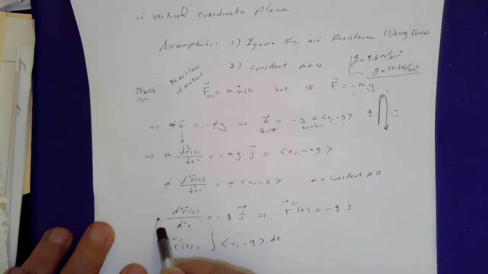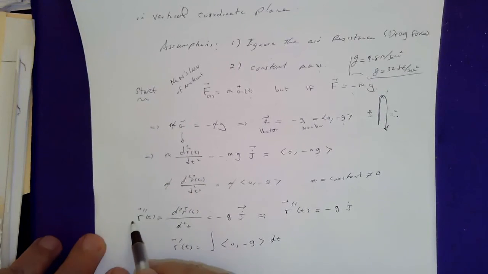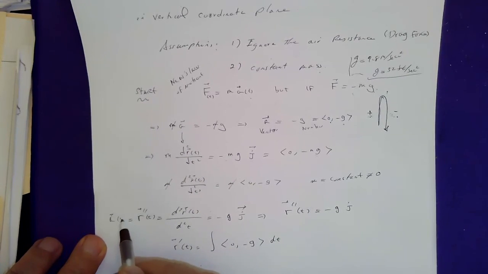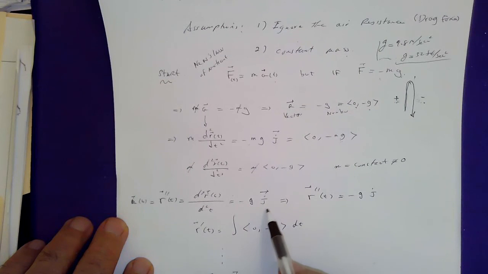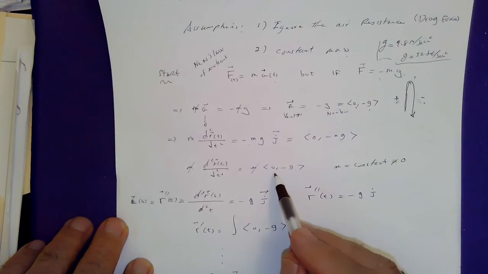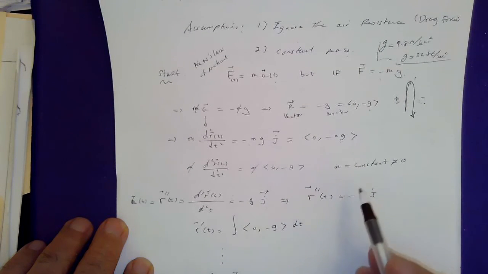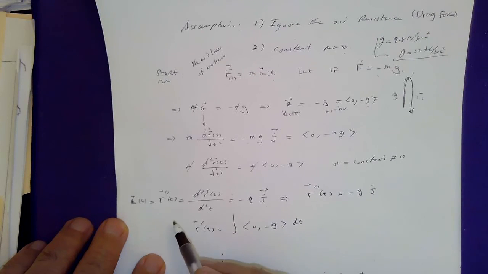Acceleration, which is the second derivative of the position, called the acceleration vector, is equal to minus gj, which is the same as 0 comma negative g, correct? So to go from acceleration to velocity, I need to take the antiderivative of this vector.